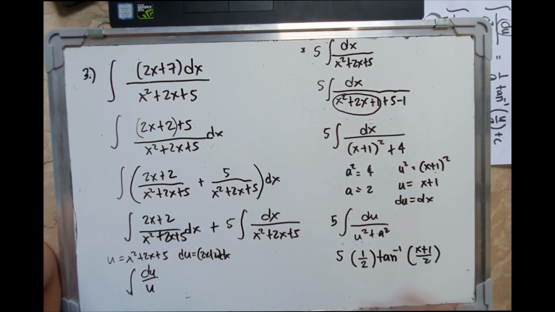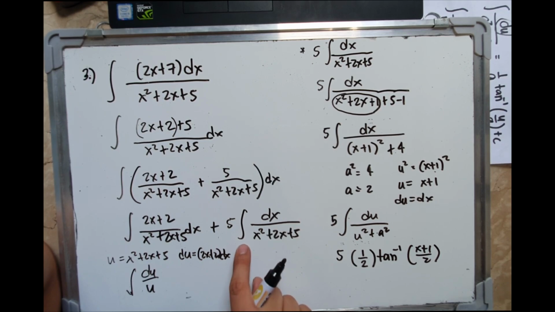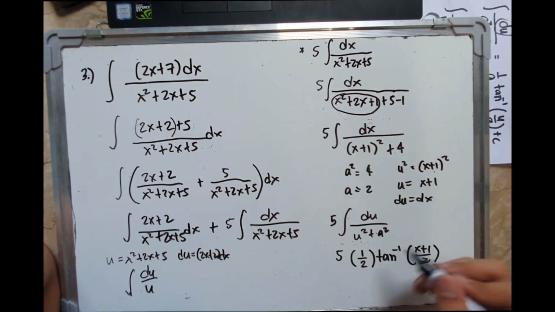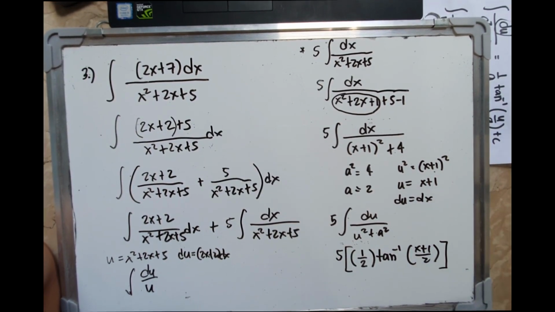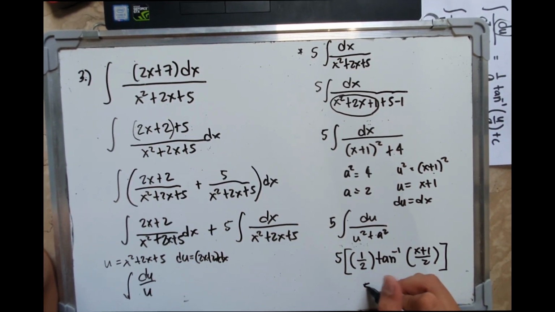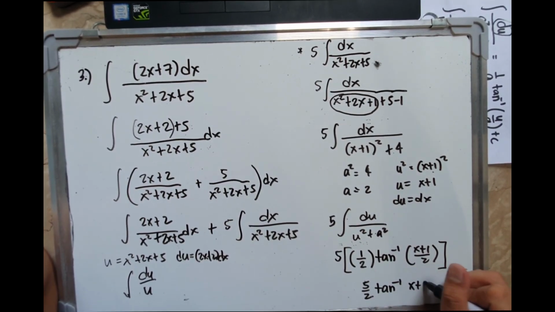Now this is our result, and we multiply by the 5. So this will now become 5 over 2 times the arctan of (x plus 1) over 2.